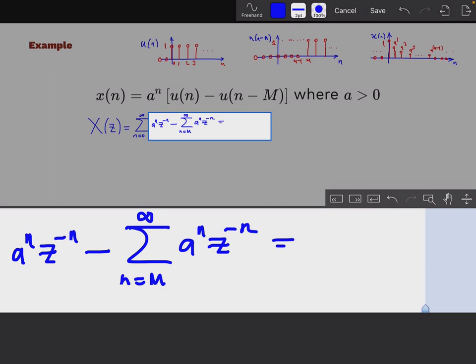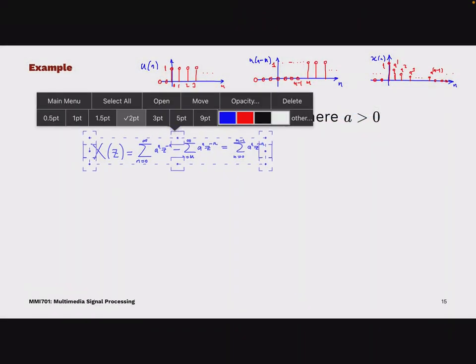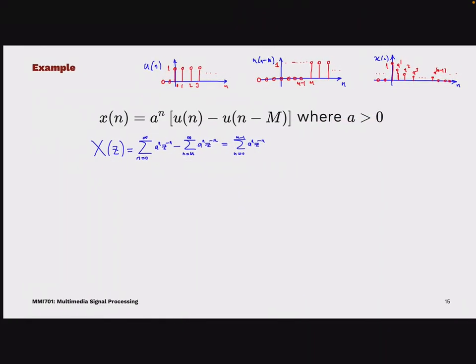Or, equivalently, the sum for n from 0 to m minus 1, a to the power n, z to the power minus n. Okay, so this is our direct Z transform for the signal.